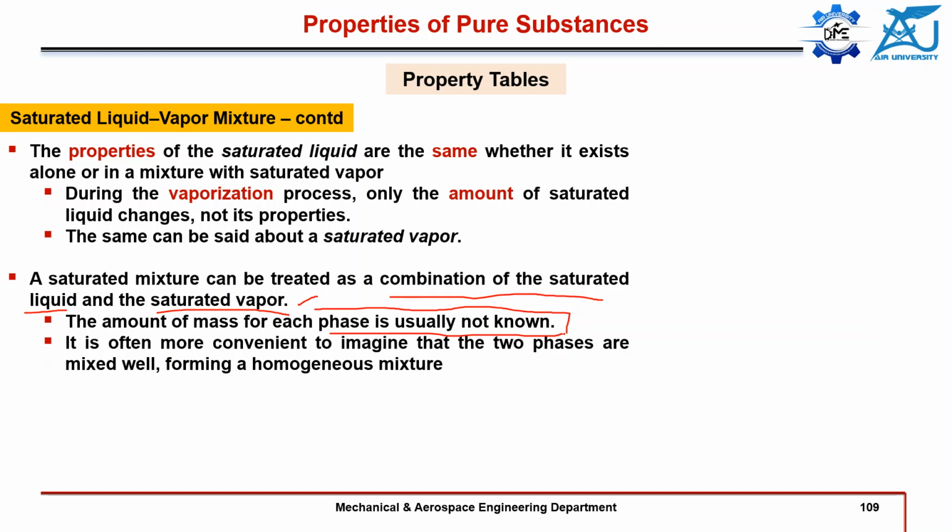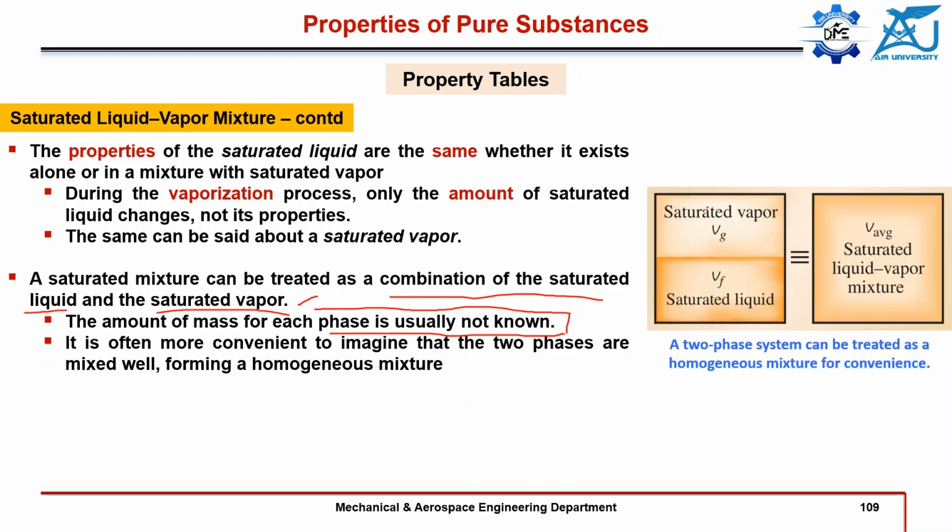We don't know how many kgs of liquid water are present and how many kgs of steam are present at a specific time during the phase change. It is often convenient to imagine that the two phases are mixed well. So instead of saying that there is some amount of vapor and some amount of liquid, we say that it is a good mixture of these two phases.